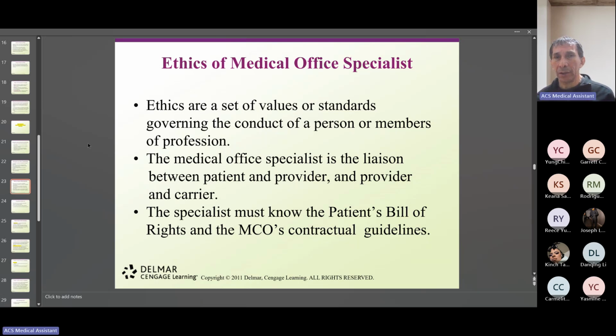So we talk about medical law and ethics. Here is a little taste, a recap of what we already covered. It's very important for the people who work particularly in the billing and coding department, because this applies to medical insurance.